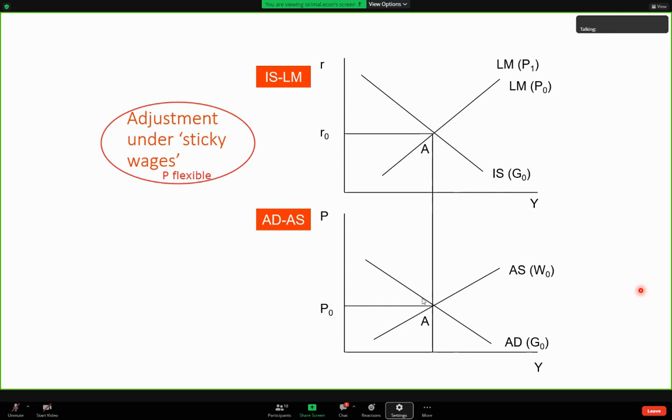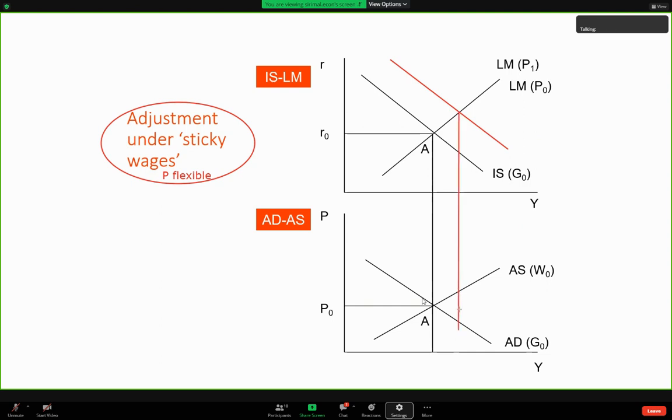So now, if you have finished that one, let's do our experiment. We increase government spending, fiscal expansion, so that we have a new output level at this point.